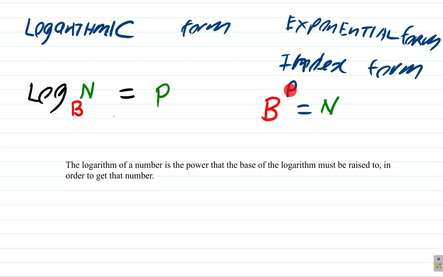You raise the base of the log to the power and you get the number. This P here is the logarithm of n, where the base of the logarithm is b.